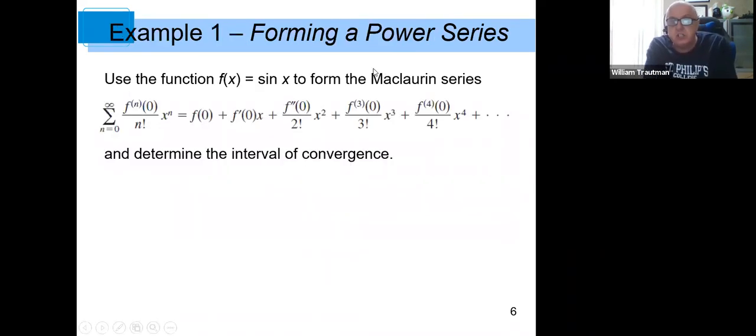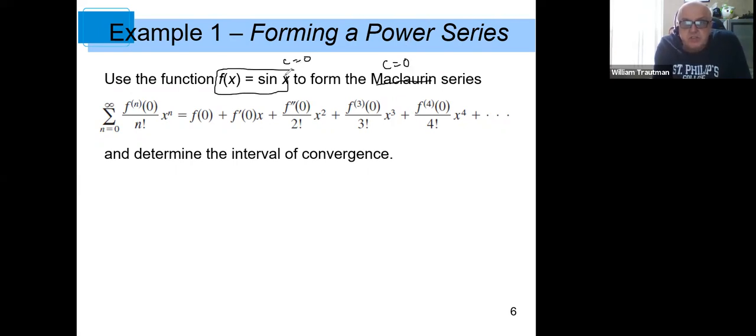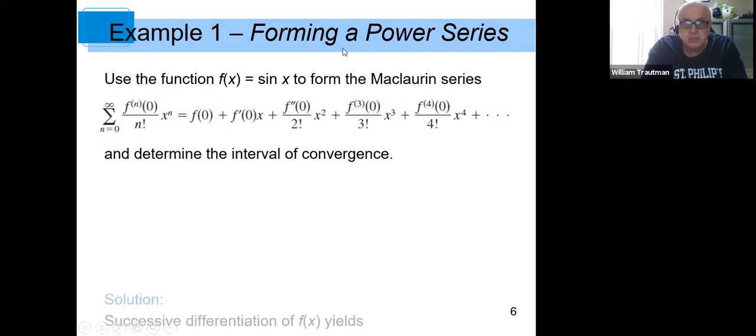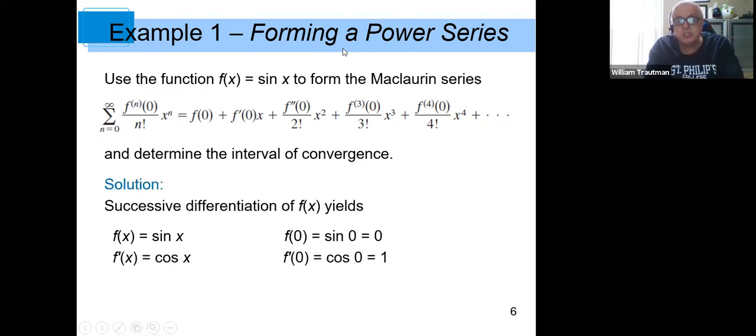So use this function and find the Maclaurin series. Once again, a Maclaurin series is when c equals 0. And they want us to use this function. And I think they go through the whole thing. Let's see if they do. They do, good. Here's the function, here's the first derivative.